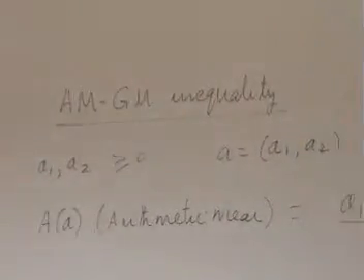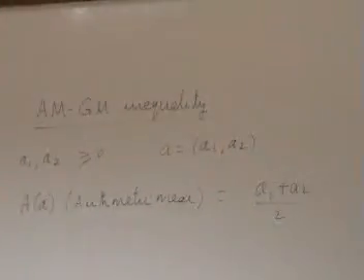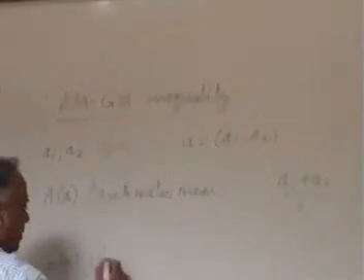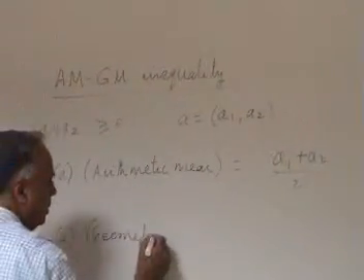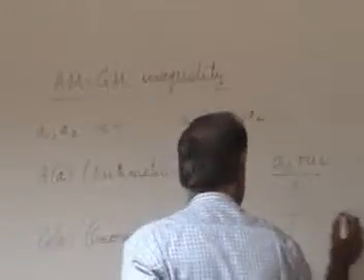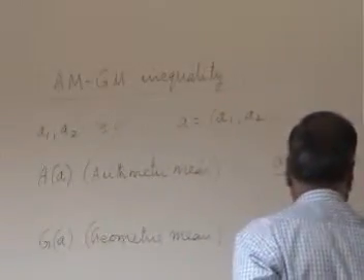The usual average is the mean. And the geometric mean is simply the square root of a1 a2.